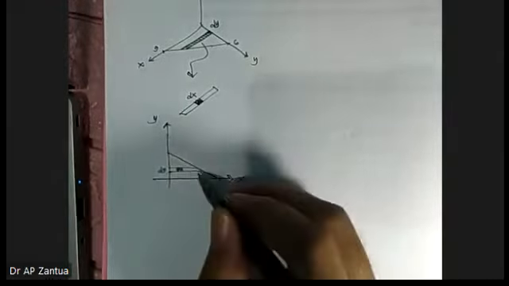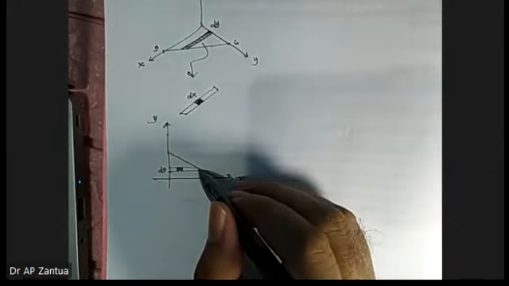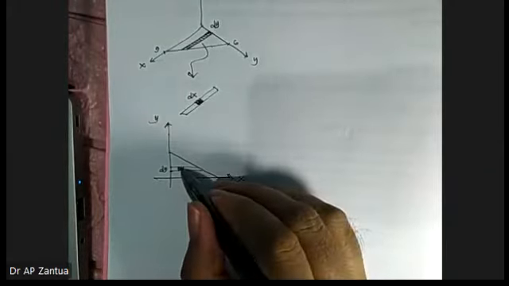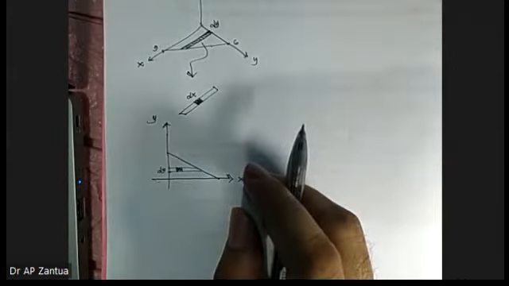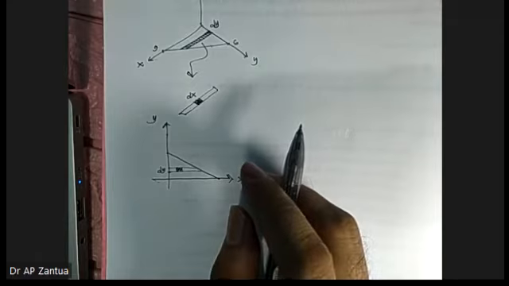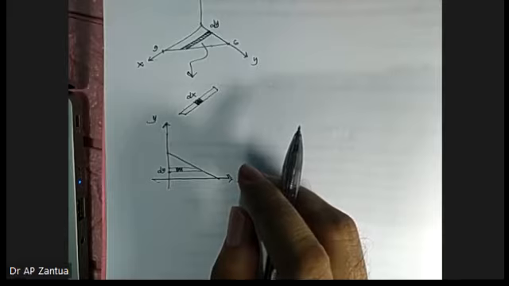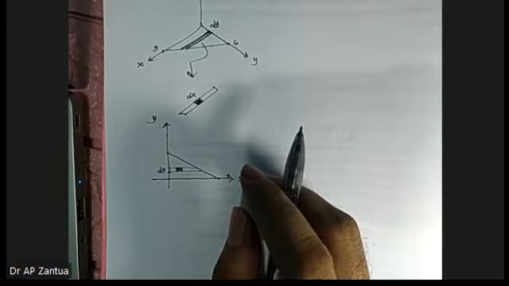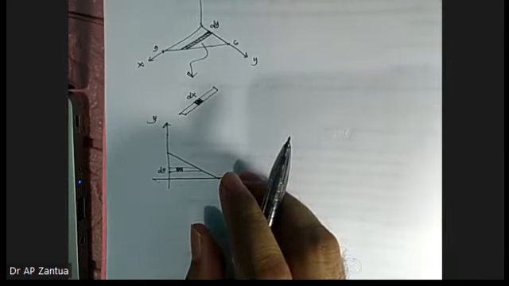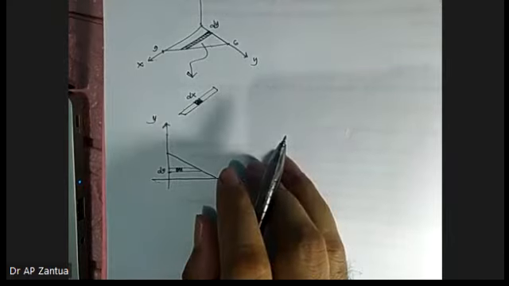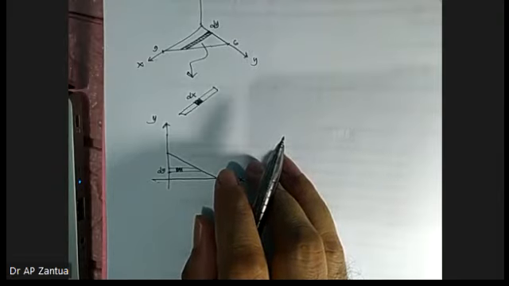So what can you say about the value of this one, from this point up to the center of this? Centroid is center, no? Center of area. When we are talking of area, that is center of area. When we are talking of mass, that is center of mass. But here, since this is not physics, this is mathematics, we are assuming that the mass is uniform, meaning homogeneous mass.